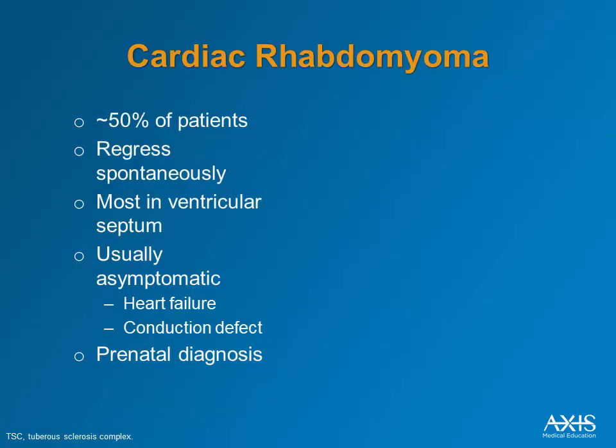Cardiac rhabdomyoma is an important manifestation that occurs in about 50%, but has an unusual natural history compared with practically anything else in tuberous sclerosis complex, in that the cardiac tumors tend to regress spontaneously, most frequently found in the ventricular septum, and most of the time are asymptomatic, but they can cause heart failure or interfere with cardiac conduction, and in fact have been used as a basis for ultrasound prenatal diagnosis.